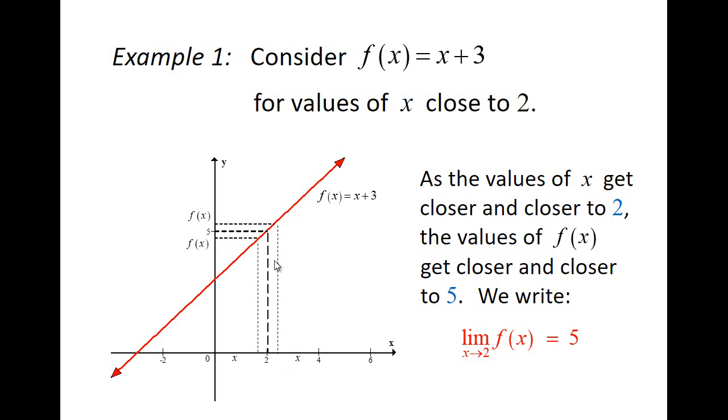Once again, we can make the value of f of x to be within any open interval centered at 5 simply by choosing any x in a suitable open interval centered at 2. And that's exactly the meaning of this notation here.